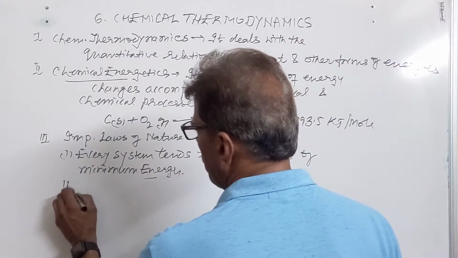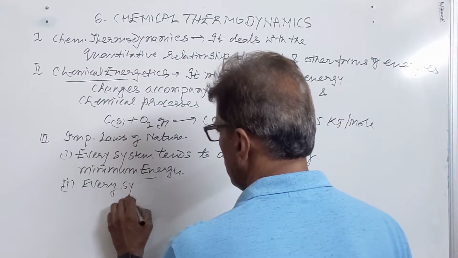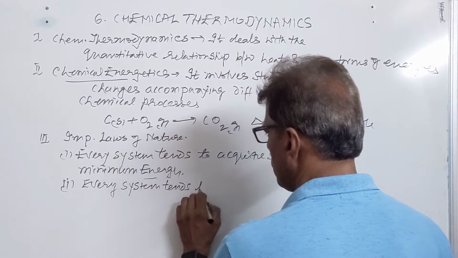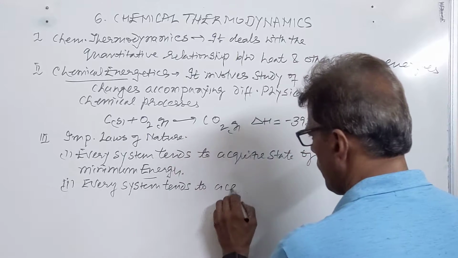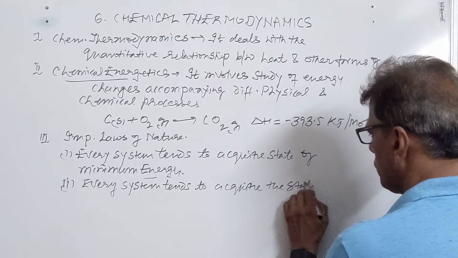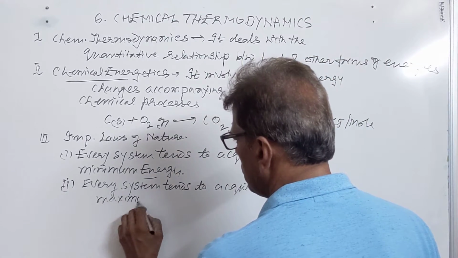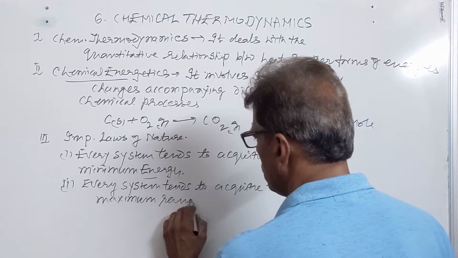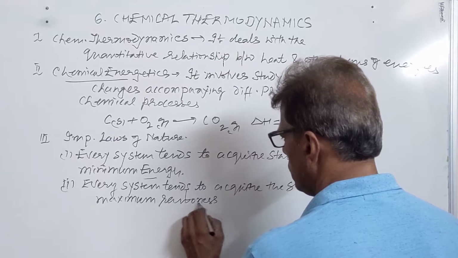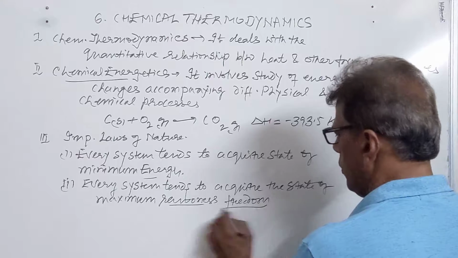Second law is every system tends to acquire the state of maximum randomness, freedom.